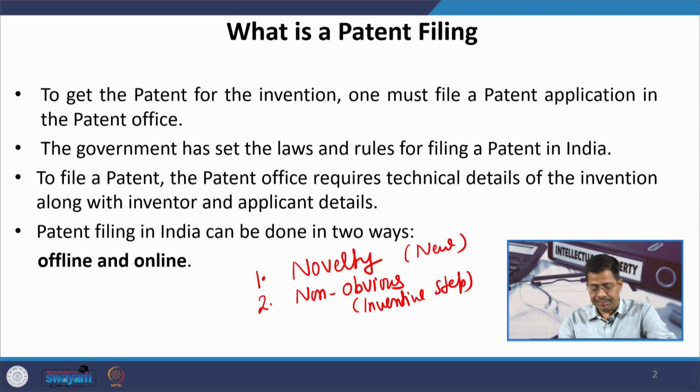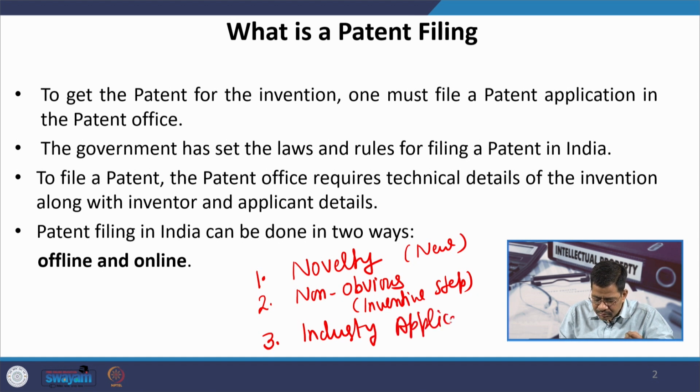And third is, it will be of benefit, it will be commercially useful. So, there has to be a scope of industry application. Something which is only theoretical, which cannot be applied by the industry, will not be possible to get a patent.